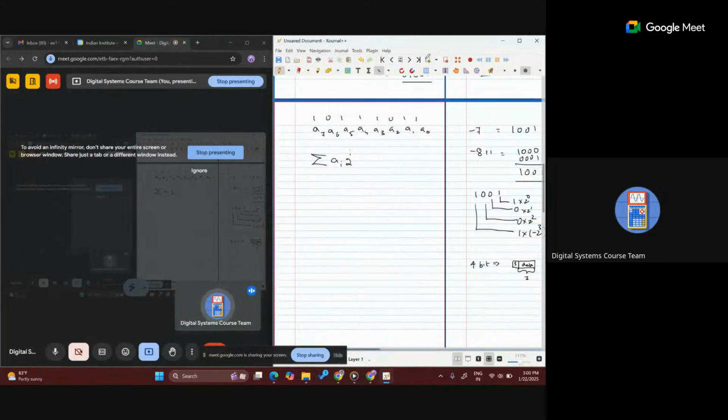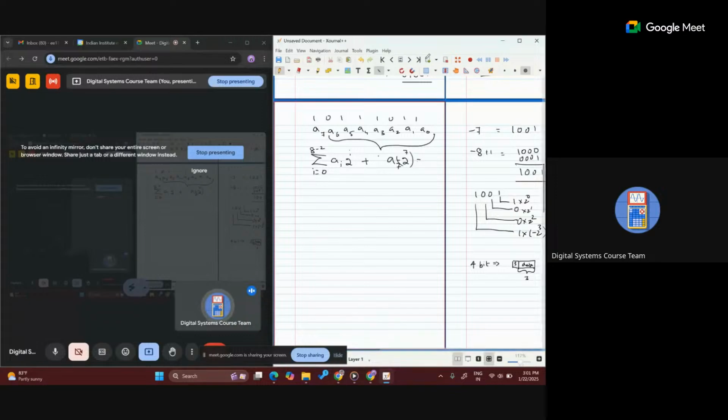This is easy for the unsigned case, but for the signed case, the 2's complement formula is the sum for i equal to 0 to 8 minus 2 of A_i times 2 power i, added with one more term, A7 times 2 power 7, which should be negative, minus 2 power 7.